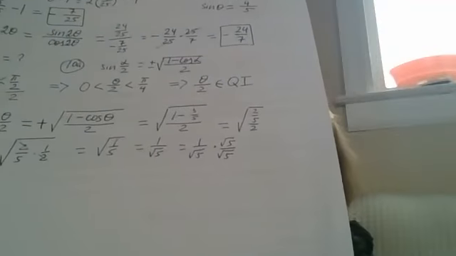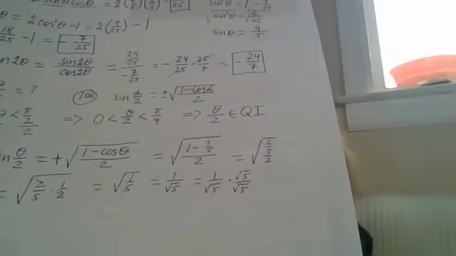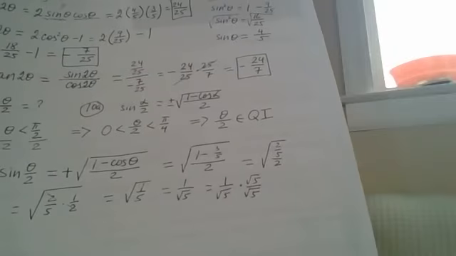It is 1 over square root of 5 times square root of 5 over square root of 5. I multiplied the numerator and denominator by square root of 5 to get rid of that root which I had previously in denominator. This will give me square root of 5 over 5, and this is my answer for part C.